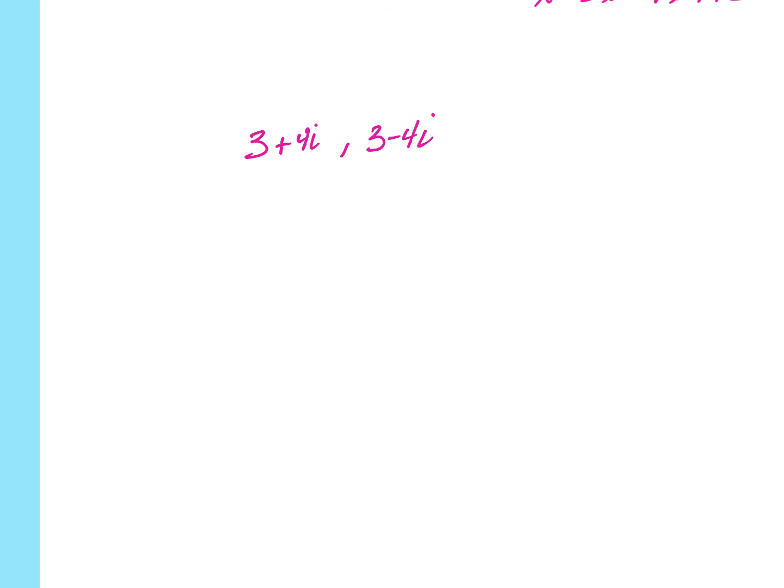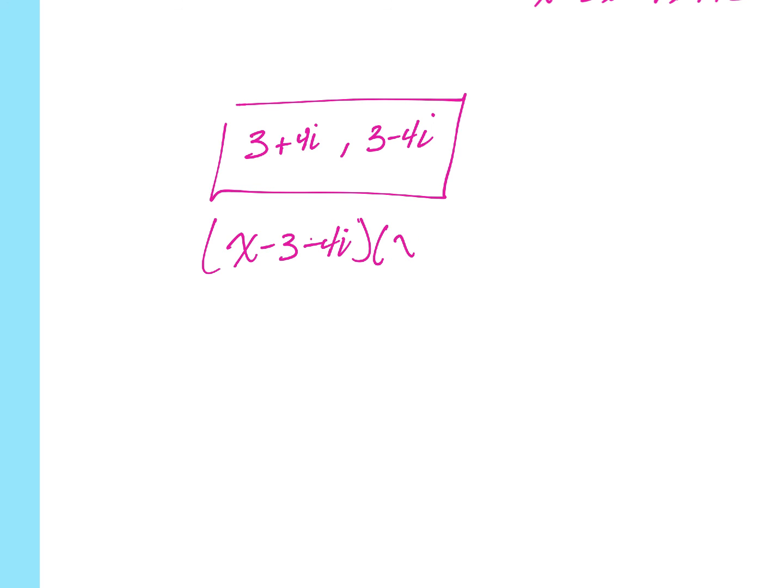You do them exactly the same way as what we just got done doing. So it would be x minus 3 minus 4i, and I know it looks a little harder, and x minus 3 plus 4i. And then you multiply that all out. So it's still the same thing.